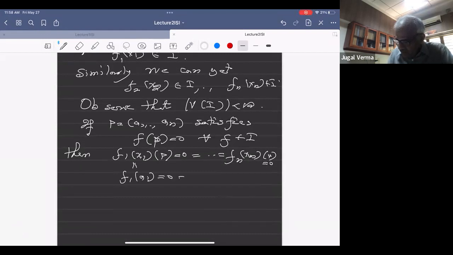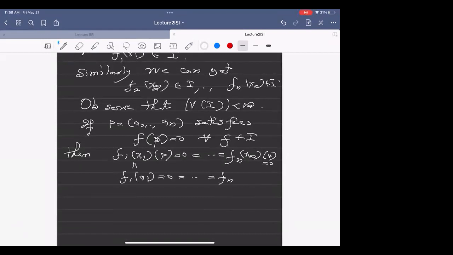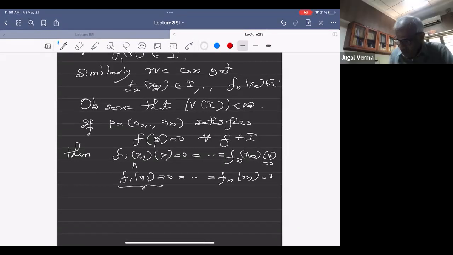This is 0, and fn(an) is 0. So a1 has only finitely many possibilities, because a1 is a root of a polynomial in x1, a2 is a root of a polynomial in x2, and an is a root of a polynomial in xn, and f1 has some certain degree. So therefore this will say that Vi is finite.